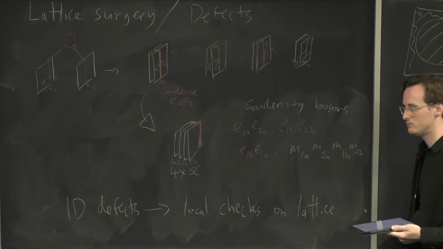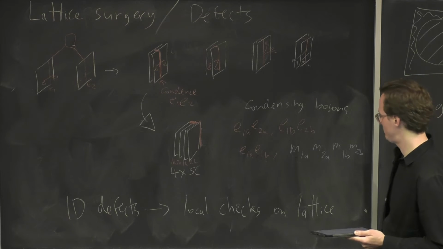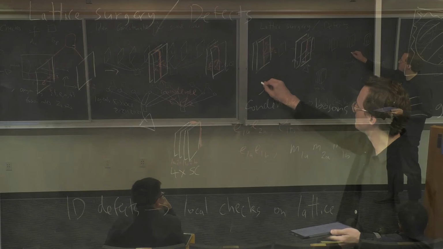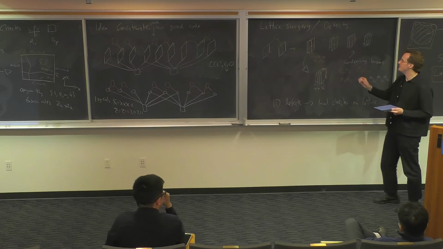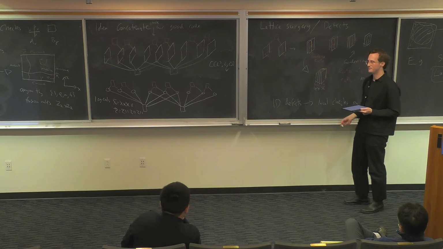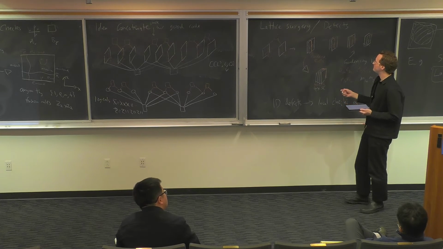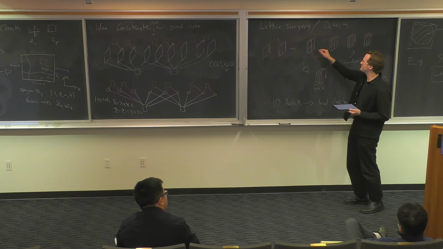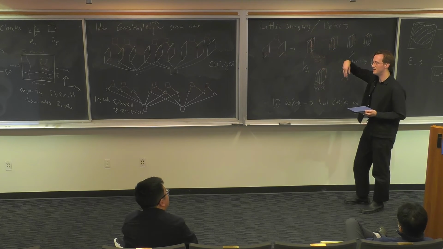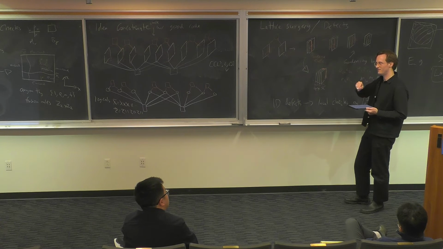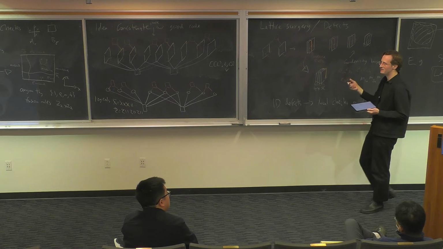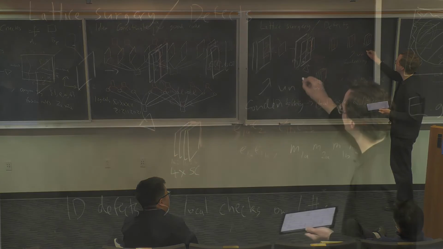I have a question. This defect, is that some kind of code version of gluing things together? Yeah, it exactly glues. If you want to glue them together with some topological operation, this is the way to maintain codes. So when you put the defect in between the layers, they're no longer decoupled. They are forced to have some relationship between the anions in one layer and the other. So it definitely glues them together.